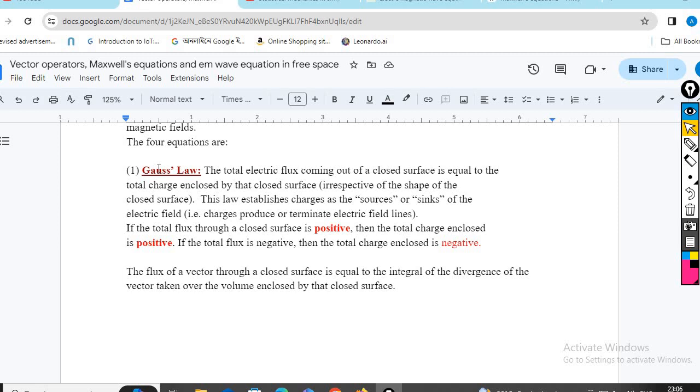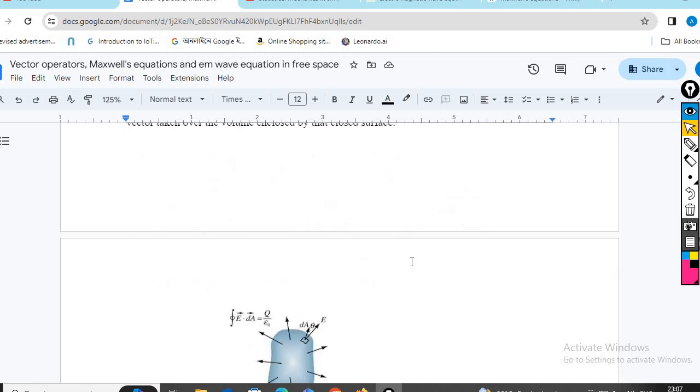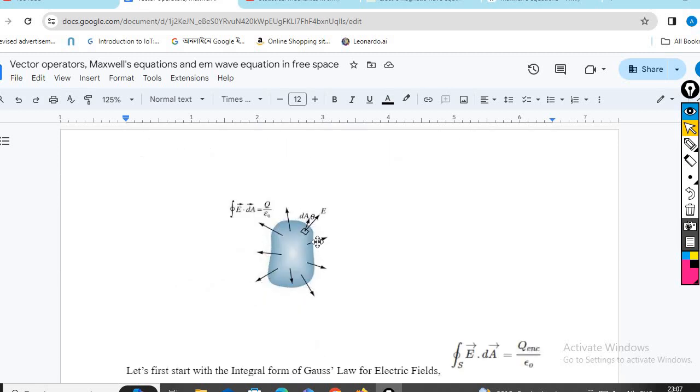The Gauss's law is the basic law which explains that the electric flux coming out from a closed surface is equal to the total charge enclosed by the closed surface. So one can just think about a charged surface, and now we need to think about the flux. What is the meaning of flux? A small area.